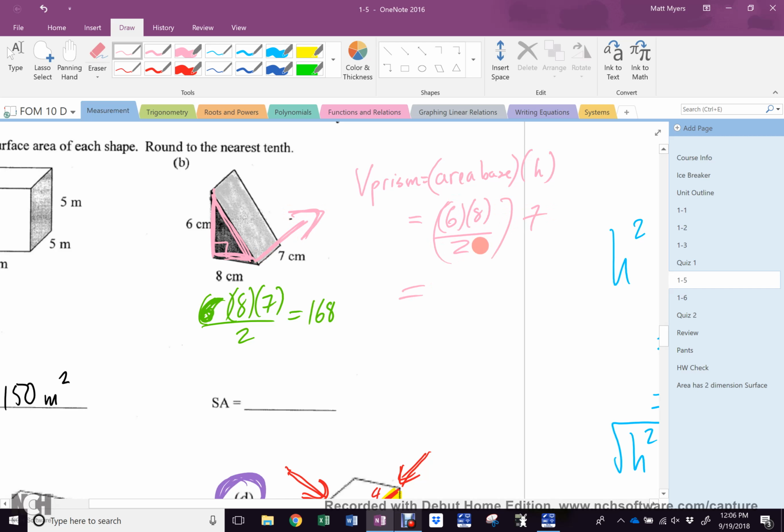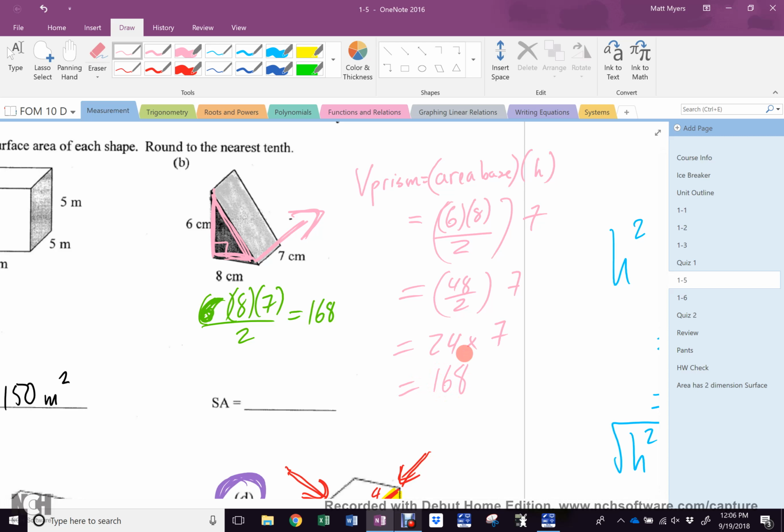Punch that into your calculator. 6 times 8 is 48, divided by 2, times 7. 24 times 7. What do you get? You get 168. Right?